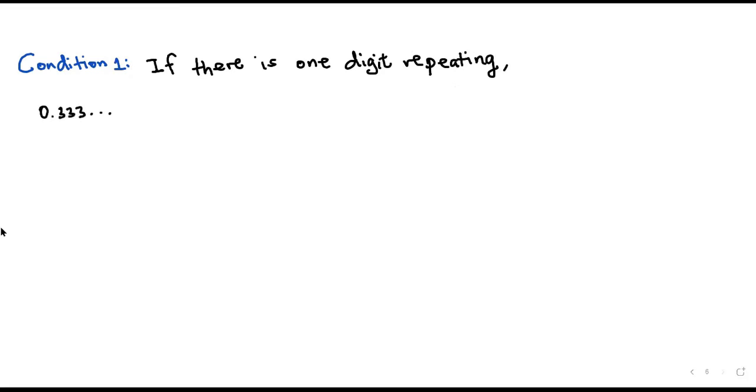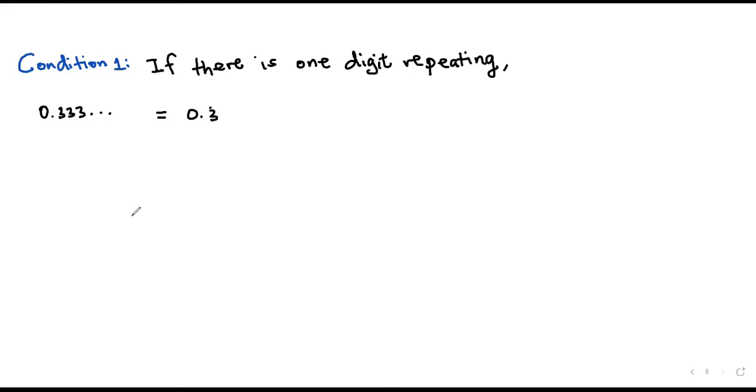This is how we write it. We are going to write this as 0.3 with a dot on the top of 3.